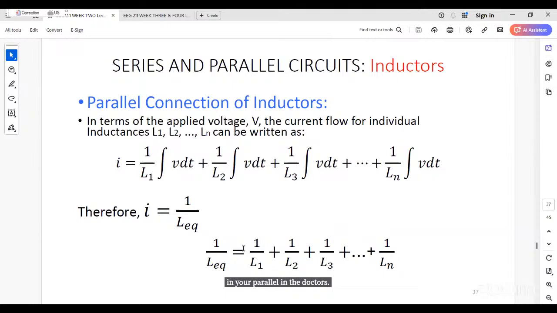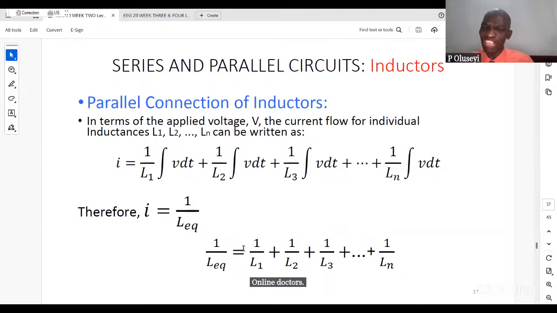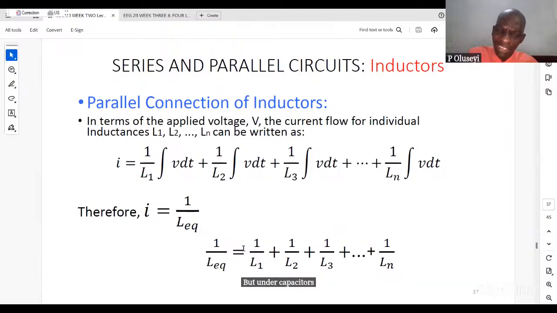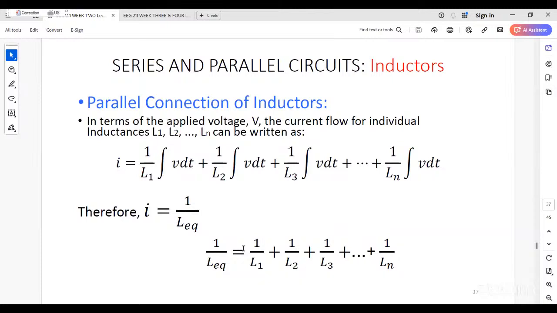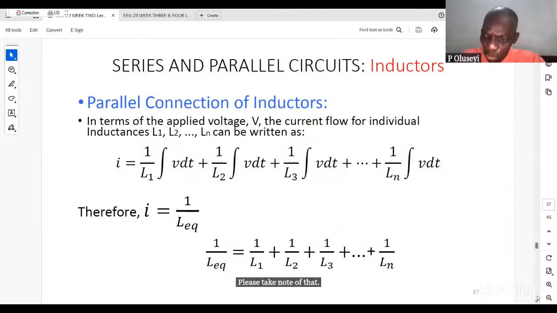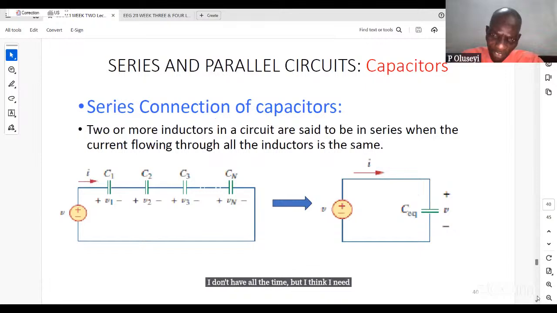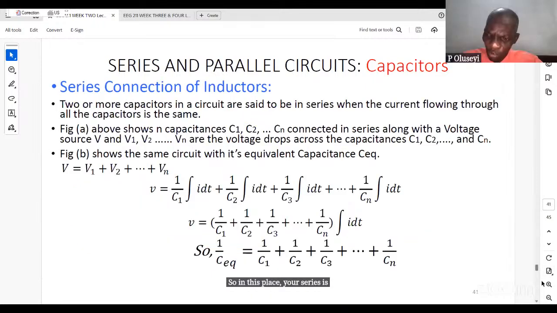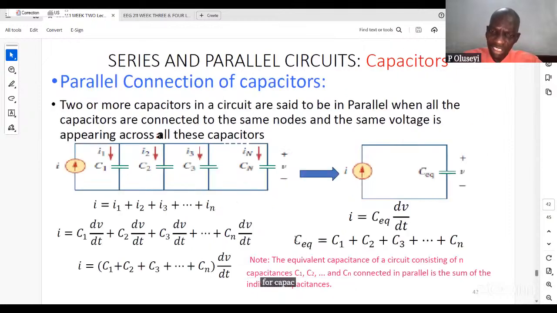Under inductors, the parallel connection will give you reciprocal values, but under capacitors, the series gives you the reciprocal. Please take note of that. I don't have all the time, but I think I need to raise that observation. So for capacitors, your series is reciprocal, whereas the actual value is for your parallel operation.